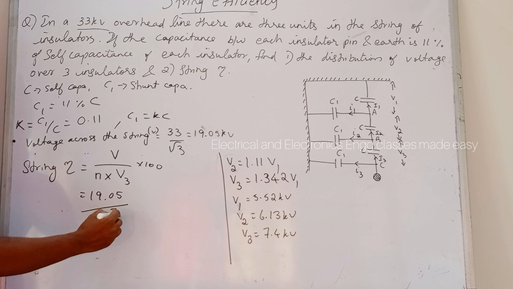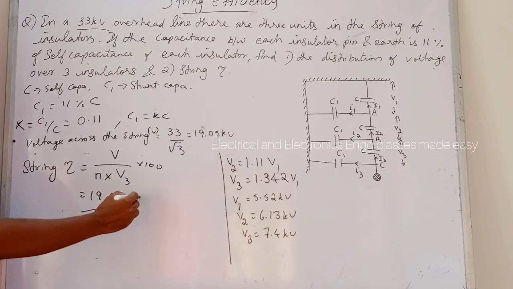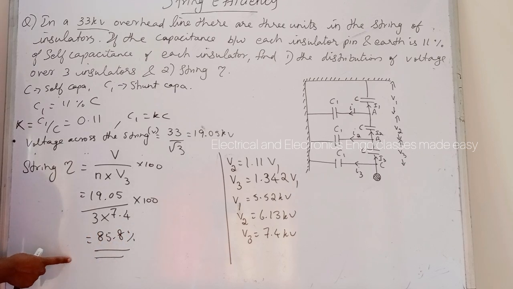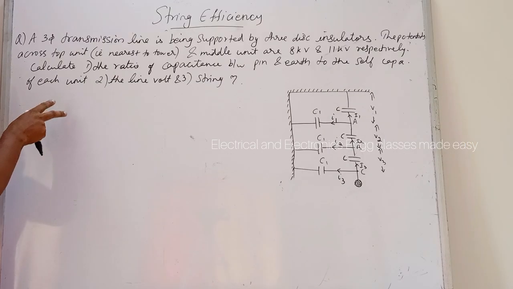V3 is 7.4 kilovolt, into 100, and that is equal to 85.8 percentage. So this is the string efficiency. In this way we are doing the problems related to the string efficiency. Let us do another problem.